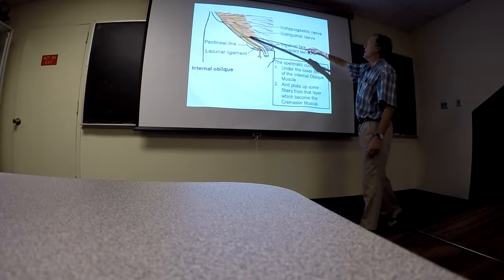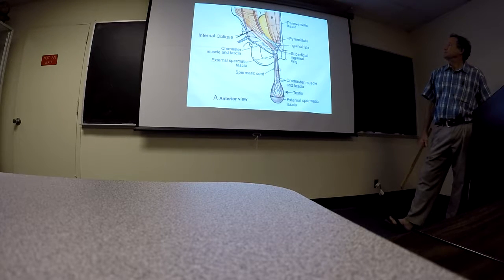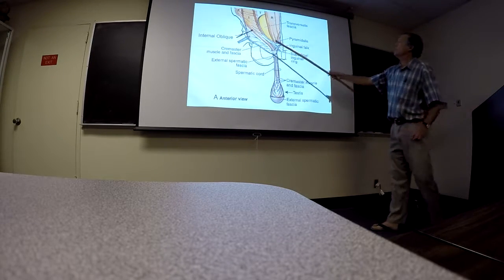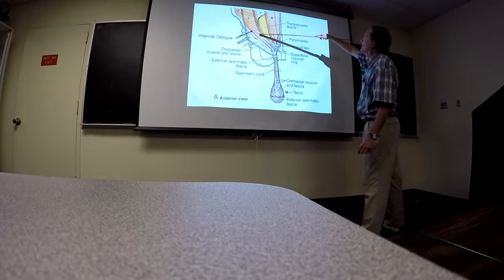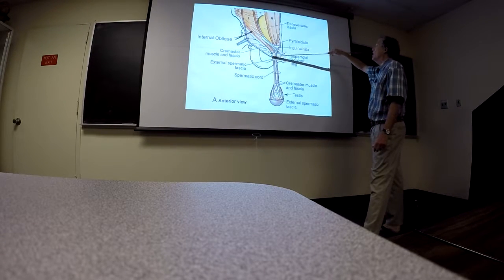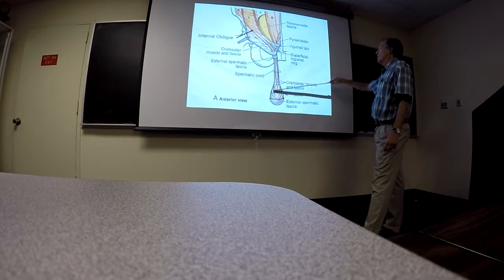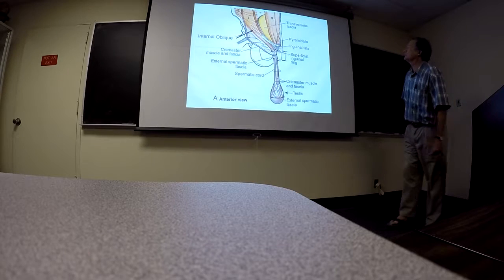Internal oblique that's wrapping around the spermatic cord. And so here it is shown better. So they pass through the lower border of internal oblique, and some of the muscle fibers from internal oblique hang on and come down to surround the spermatic cord and to surround the testes.